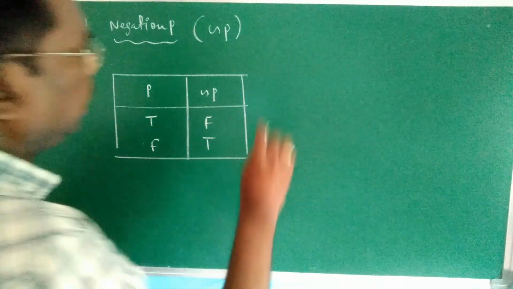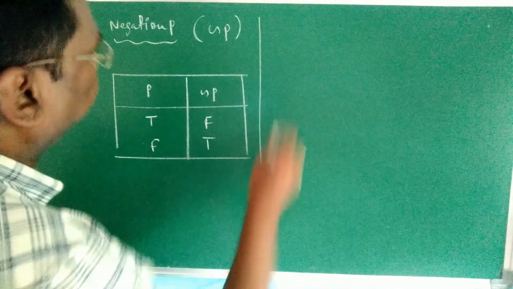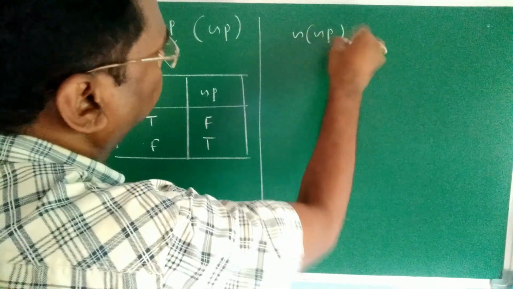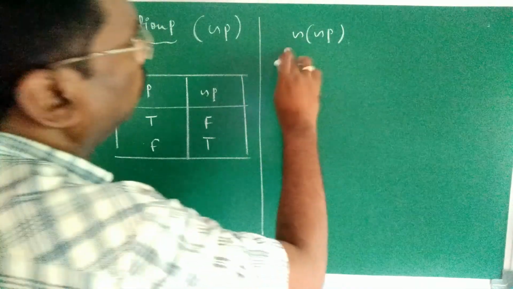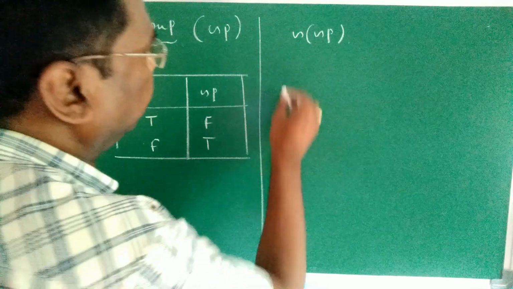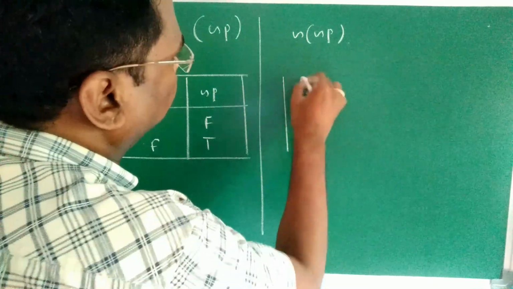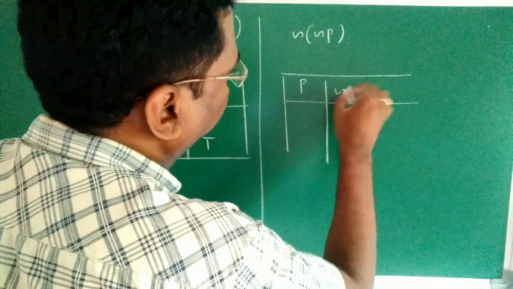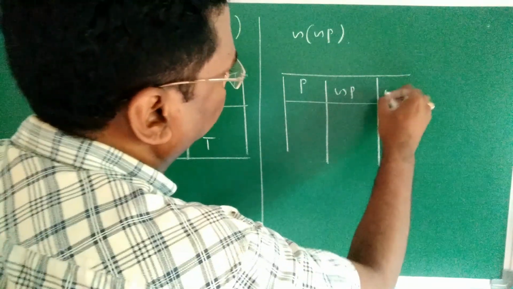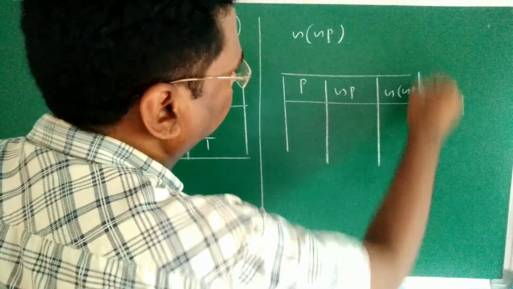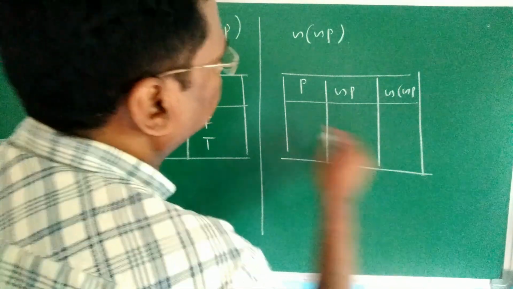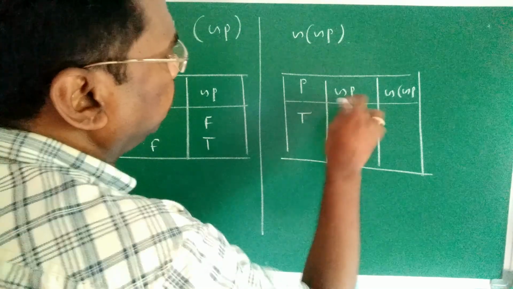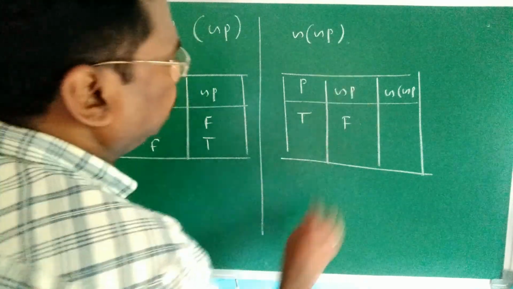Okay, now negation of negation P. Okay, now truth table for negation of negation P. Here P, negation P, negation of negation P. Now here true, negation P is false.